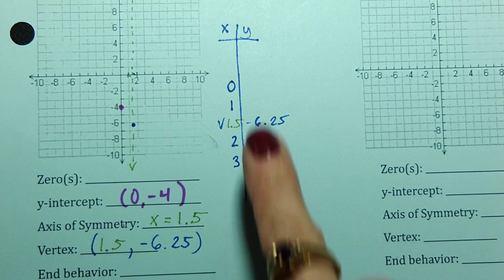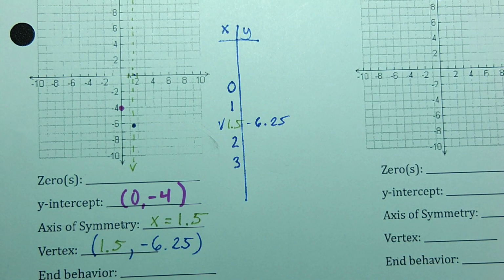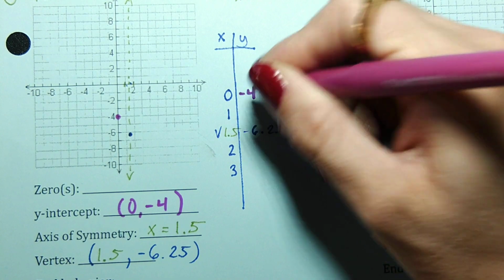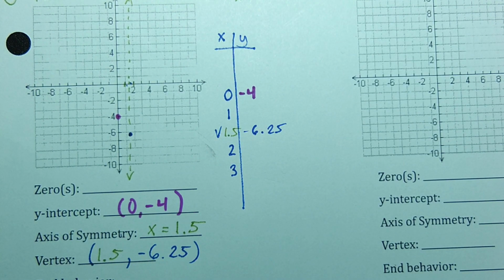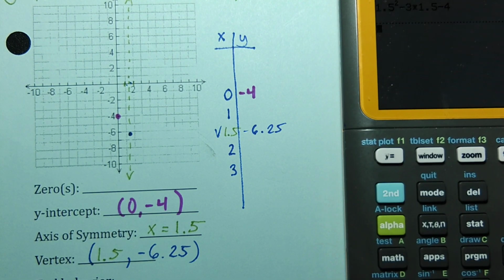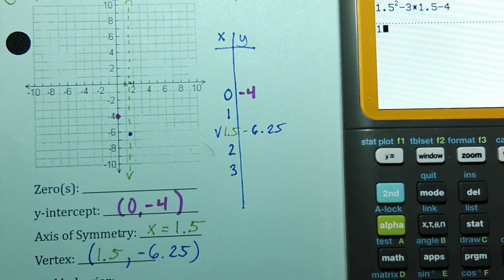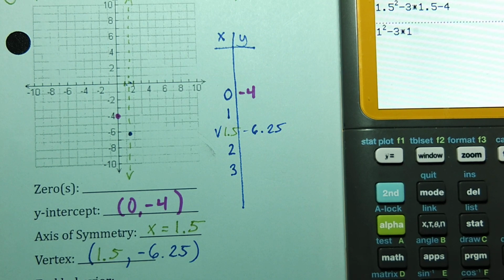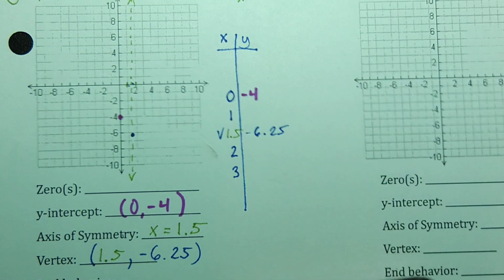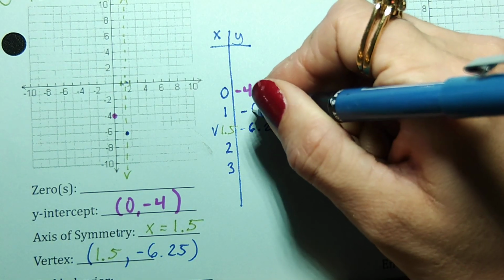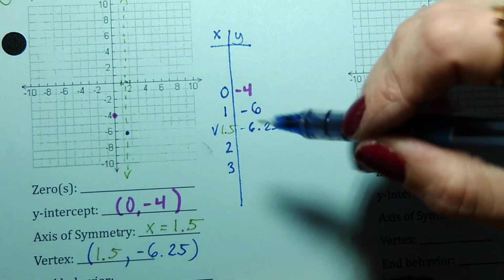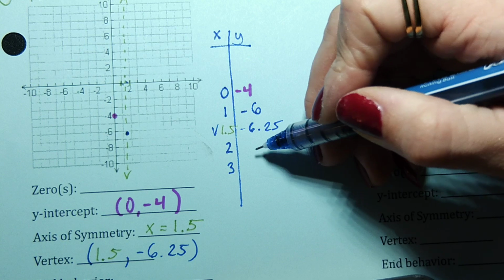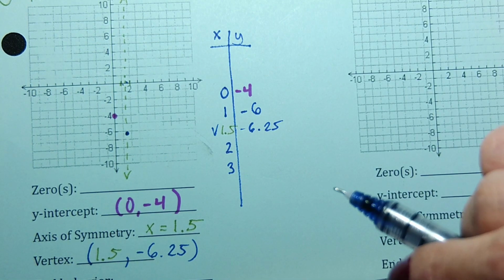Now, do we already know what 0 will give us for an output? -4. It's the y-intercept. Now, what about 1? So 1 squared minus 3 times 1 minus 4 gives us -6. Should we assume that 2 gives us -6?